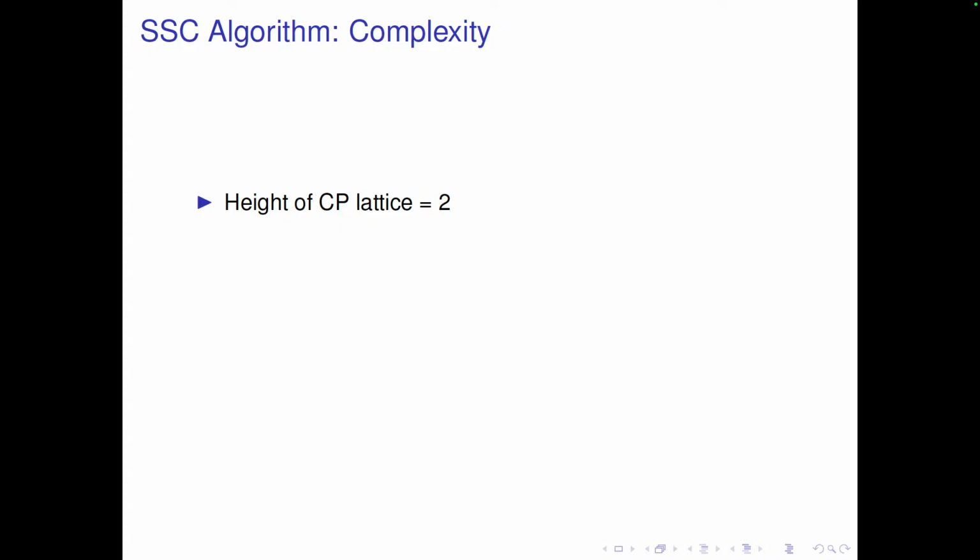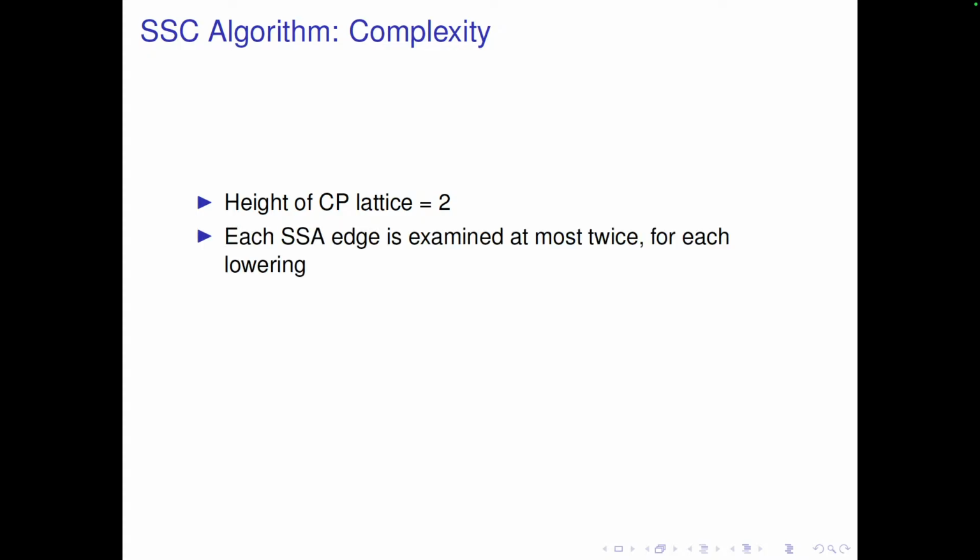So again we'll come to some complexity. The constant propagation lattice height is 2. You can only go from top to constant, and constant to not a constant. So you can only make 2 changes in constant propagation for a given variable or given value. So the height is 2.